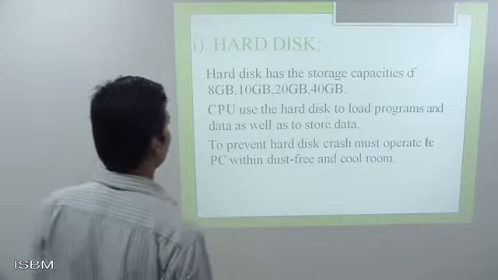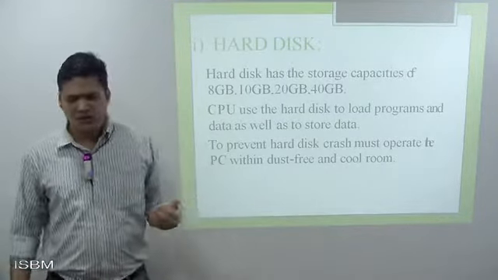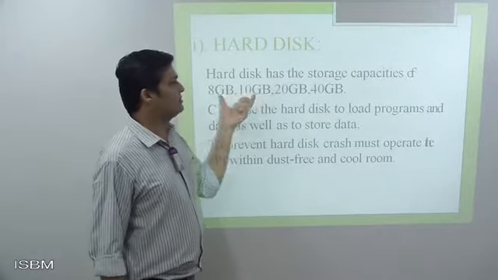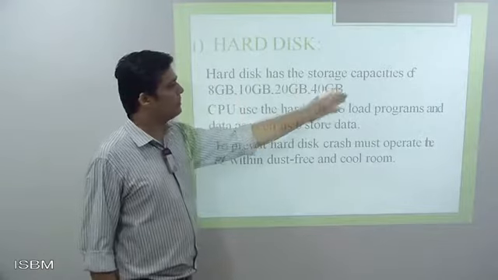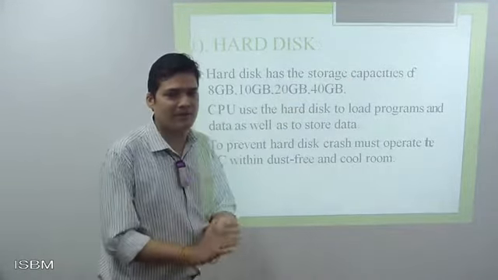We have seen that a hard disk has a storage capacity starting from 8 GB up to 40 GB. Now it has increased up to TB; 1 TB and 2 TB are coming right now.